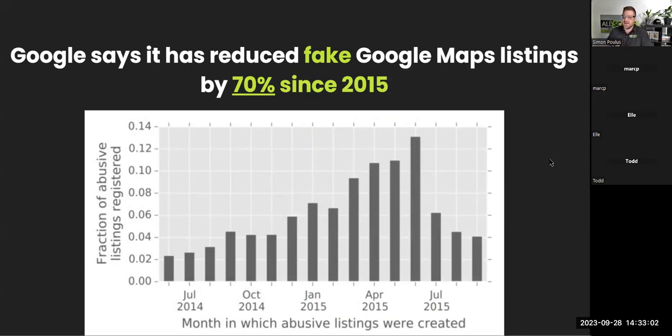As Google tightened the screws on its algorithm, they claim that they've removed fake listings by 70% since 2015. So they've come a long way, and the algorithm changes frequently. But what a lot of these companies were using to rank and create the listings were what we call black hat techniques.